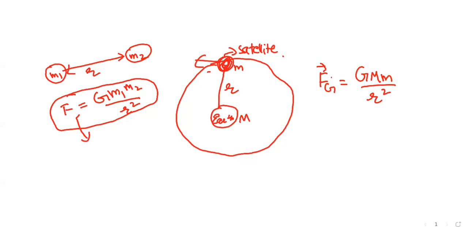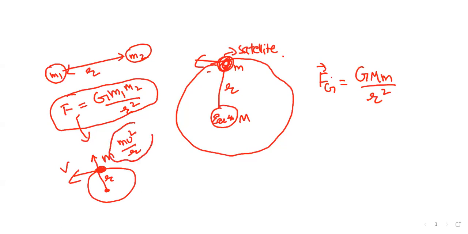So now let me tell you another concept. If there's any object of mass m, which is moving with a velocity v in a circular path of radius r, the force experienced by this particle is given by m v square upon r. So this is a golden rule which we need to remember.